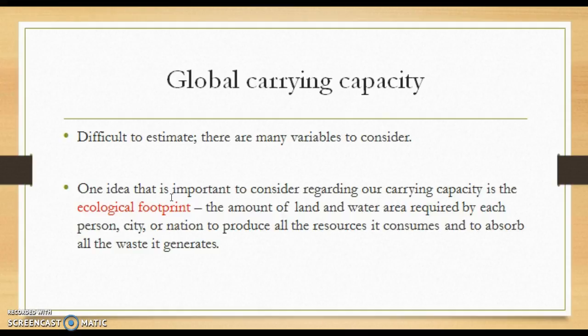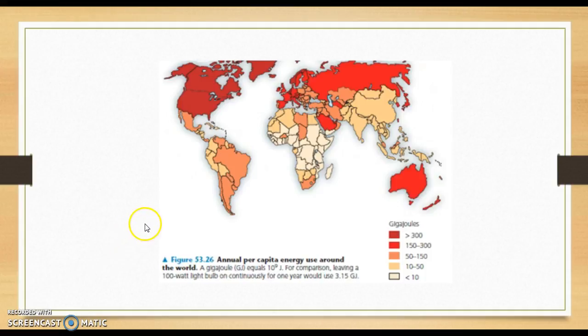The ecological footprint does vary from country to country, but not surprisingly, it is pretty much the worst in North America because we are huge consumers. Looking at the deep red, that's about as bad as you can possibly get. And looking at the white, that's about as small of an ecological footprint as you can possibly have.